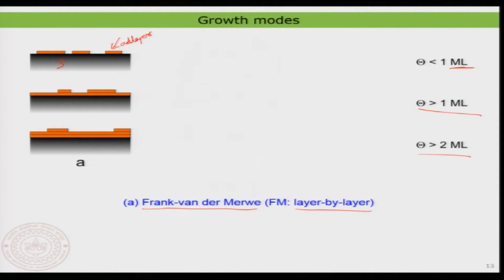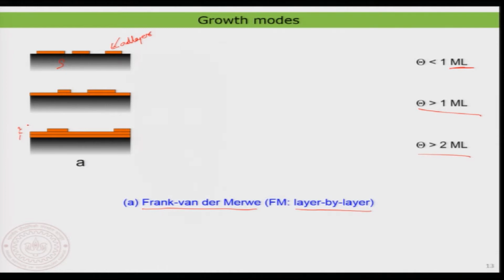That is named after the people who contributed in understanding this type of growth, and then you can see that you form layers like 1, 2, 3 and so on. So, by increasing the coverage, you can increase the layer thickness, and that is exactly what you have also seen in atomic layer deposition.